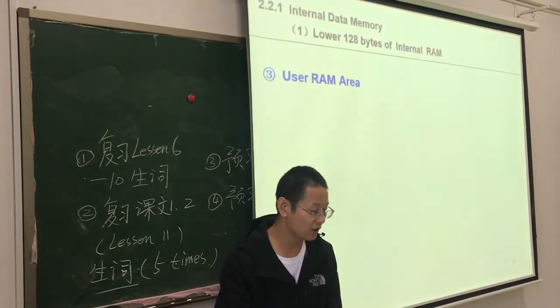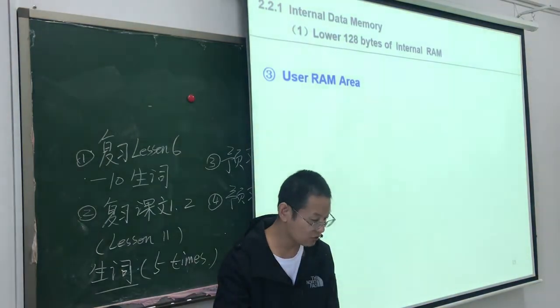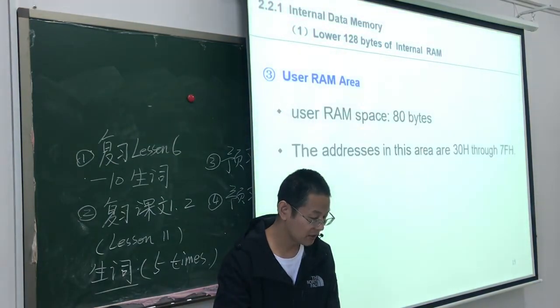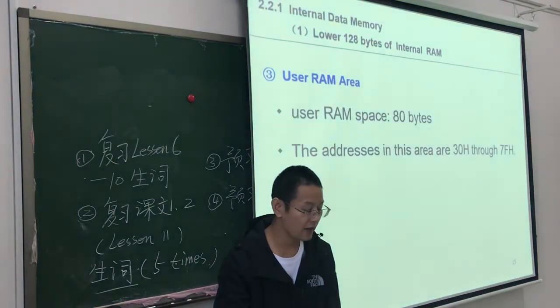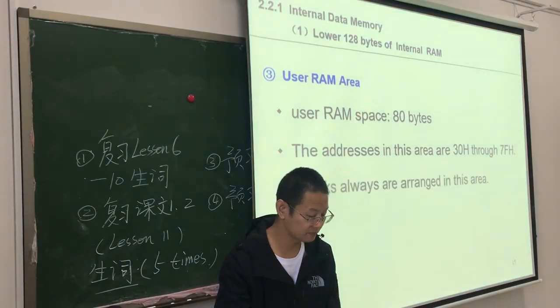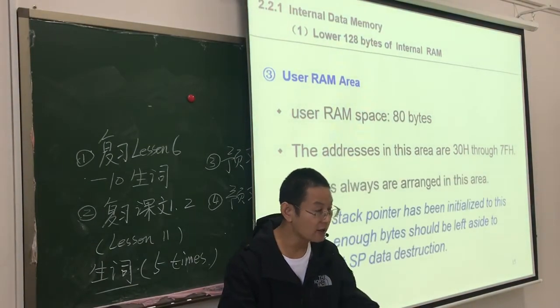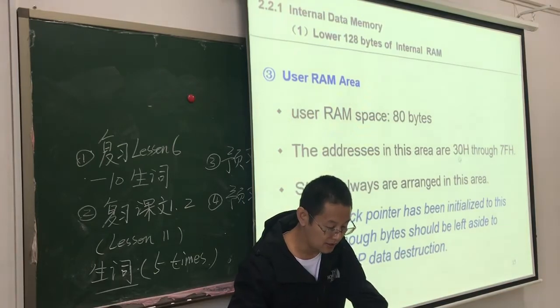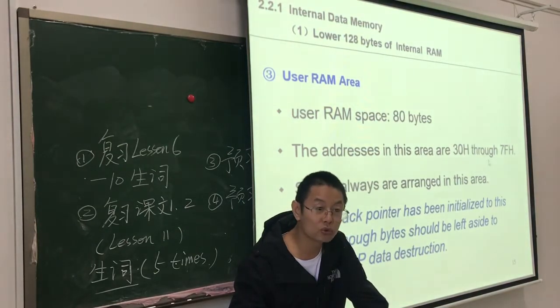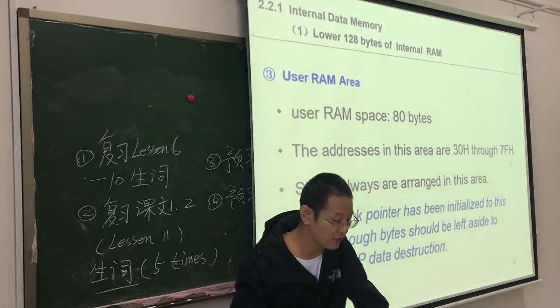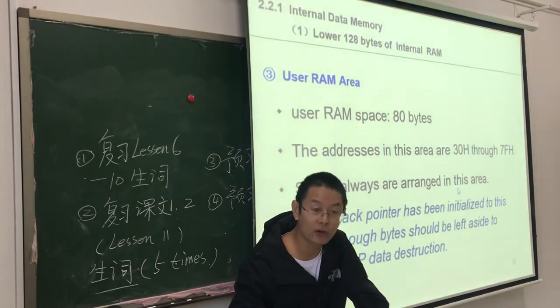The third part is the user RAM area. User RAM space is 80 bytes. The addresses in this area are 30H to 7FH. Commonly, stacks are always arranged in this area.